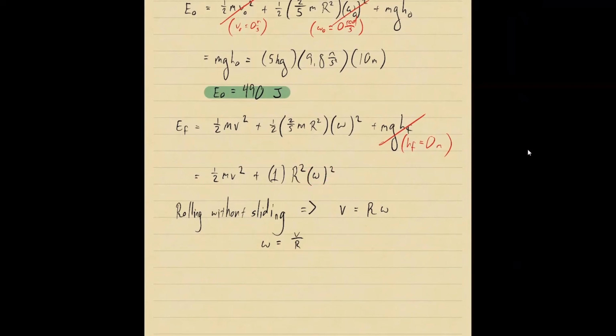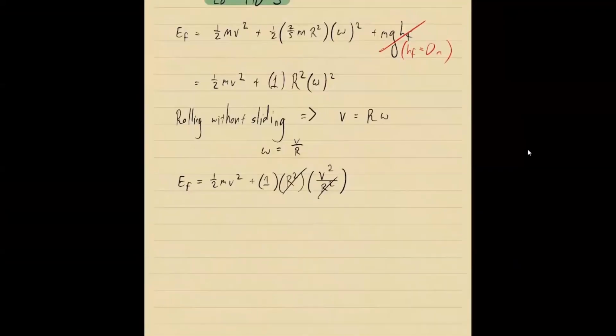So then our final energy when the ball's at the bottom of the ramp is 1/2 mv squared plus 1 times r squared times, where omega squared is just v over r squared. So this is going to be v squared divided by r squared. So the r squareds cancel out.